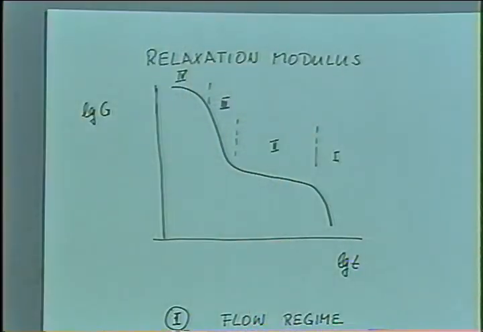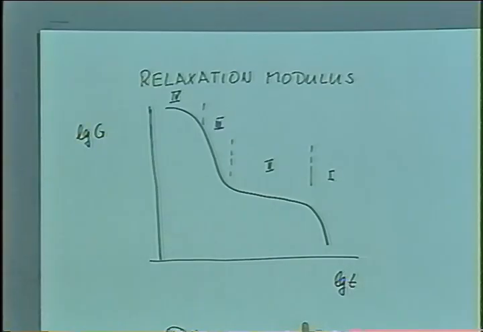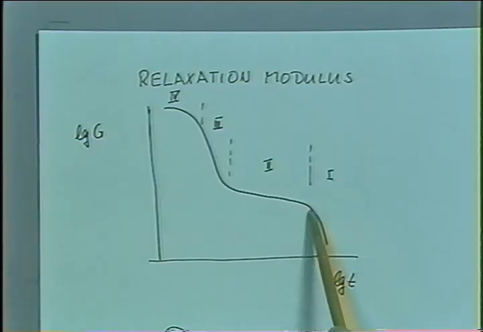Now, typically, this relaxation modulus looks like this. It's temperature dependent, but it's also very time dependent. So at a constant temperature, we would plot the relaxation modulus with a flow regime at long times. If we wait long enough, the material can really relax and flow.